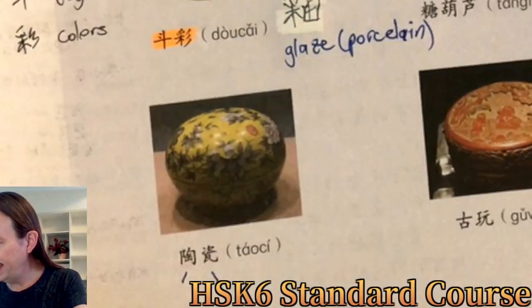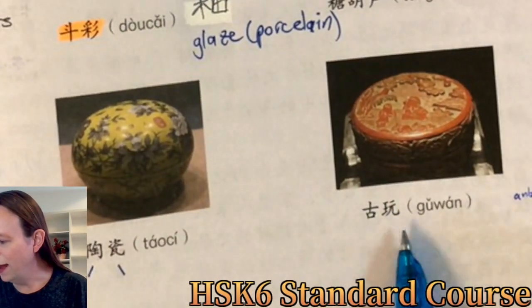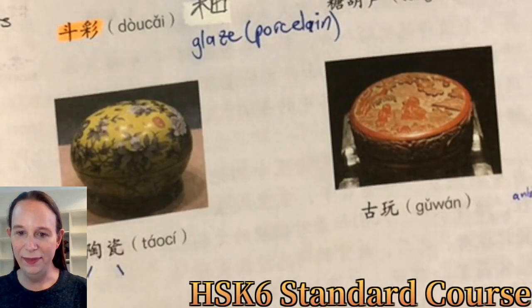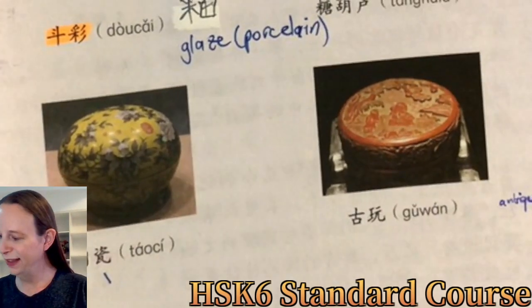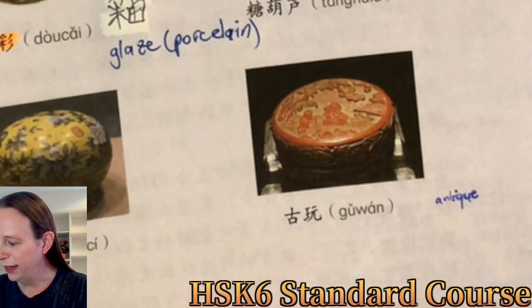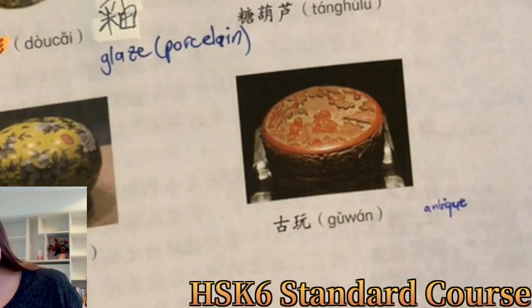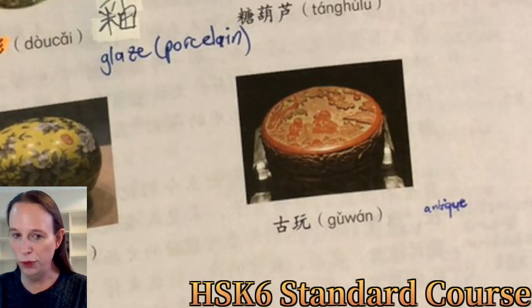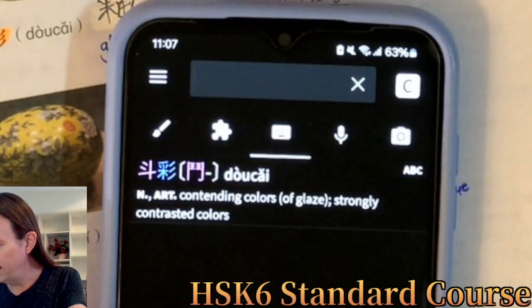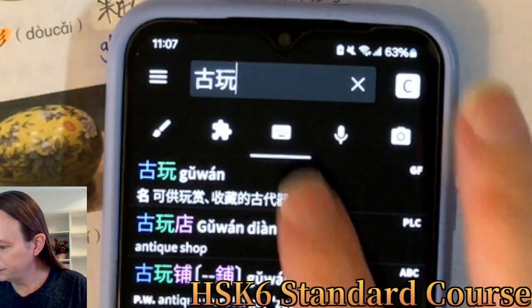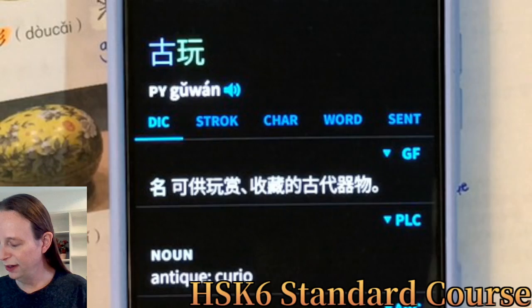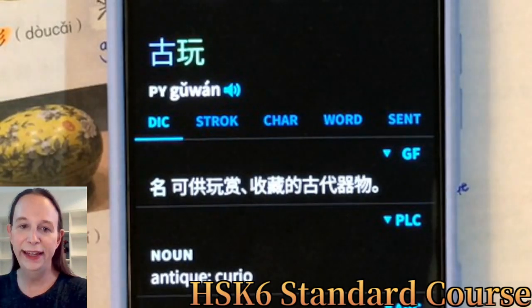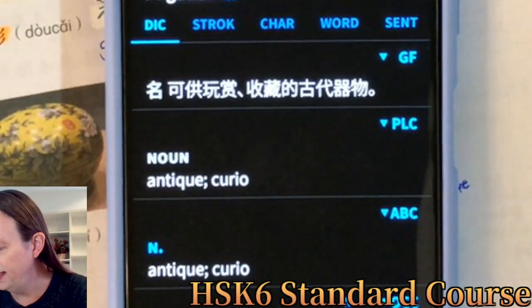We've done pottery and, okay, 古玩. So 玩 here means 玩具, right? A toy. So this is an ancient toy, 古玩. I've listed antique, but antiques are 古董. 古玩. Curio. Oh, okay, so maybe it is more general than an old toy. 古玩.